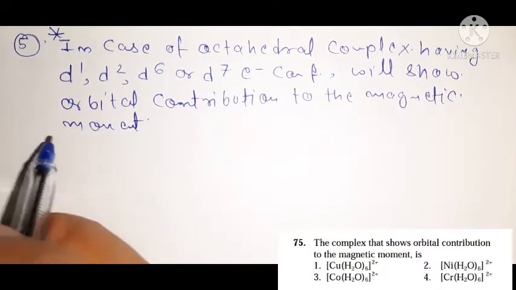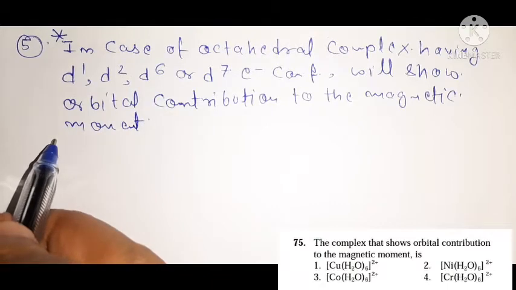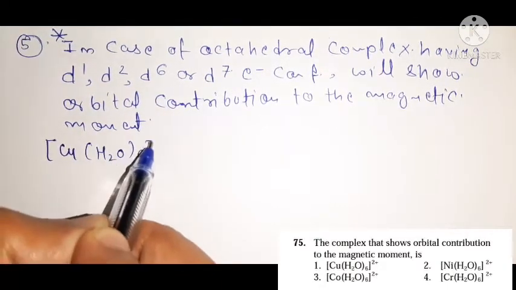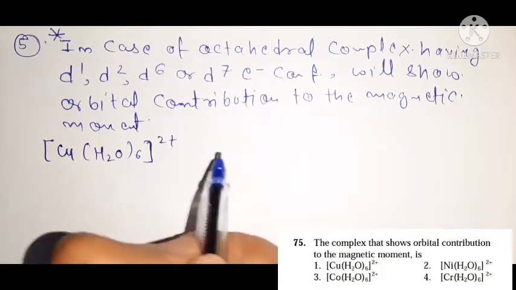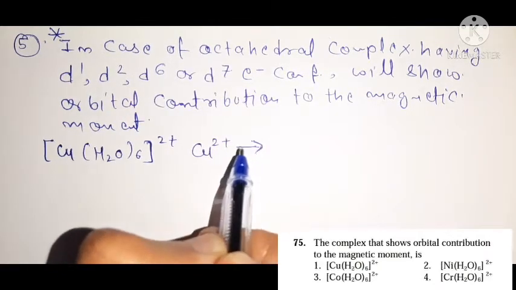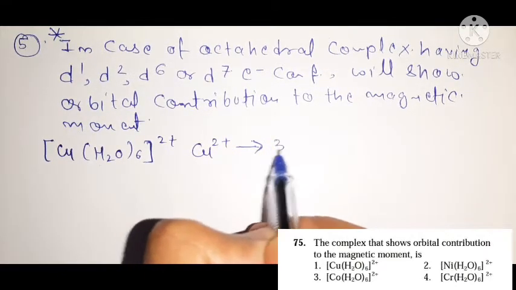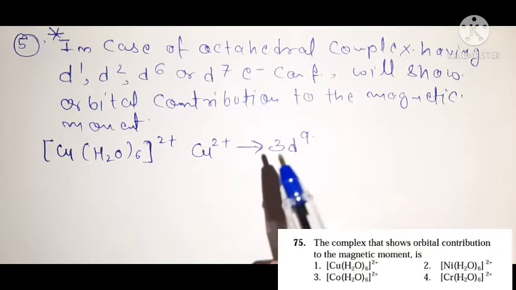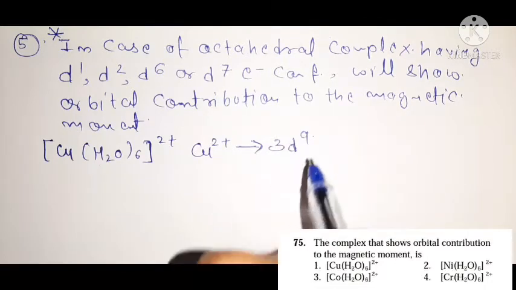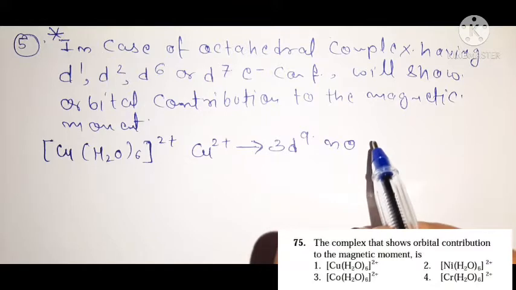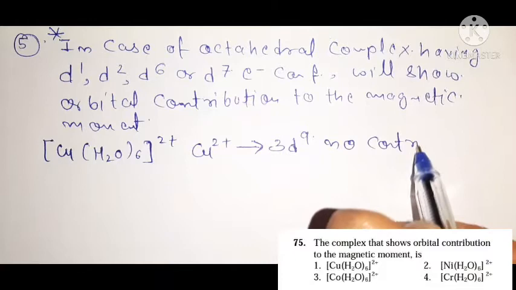Now in the first complex, that is Cu(H2O)6 2+. In this complex copper is present in 2+ oxidation state. So copper 2+ means its electronic configuration is 3d9. That means it has 9 electrons in its d orbital. So there is no orbital contribution to the magnetic moment.